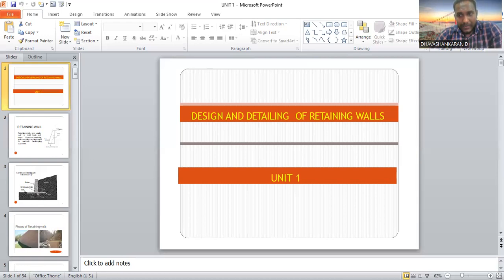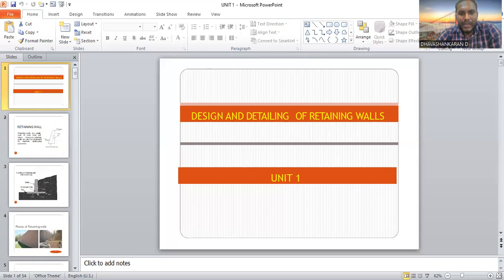So these are the classifications under the retaining wall. First is the gravity wall, of masonry or plain concrete. Then the cantilever retaining wall, which is an RCC structure in the form of a T and L. Then the counterfort retaining wall, then the RCC buttress wall. A cantilever retaining wall is designed up to a height of 6 meters.